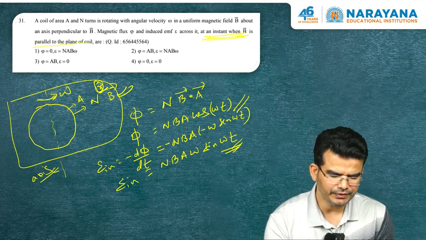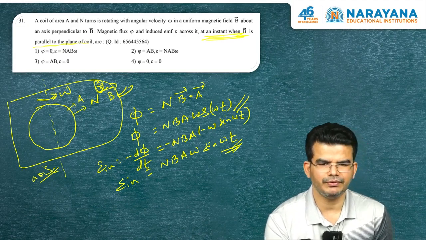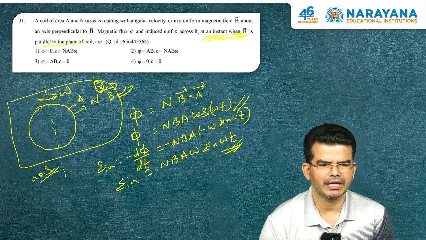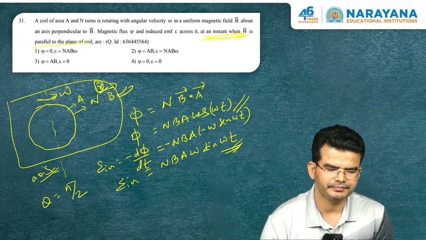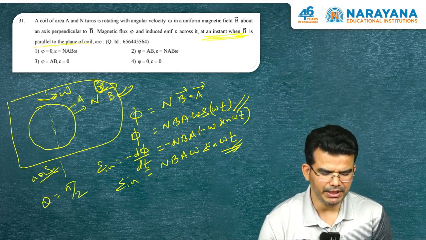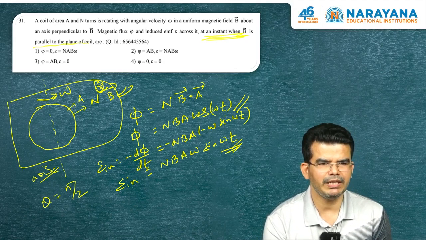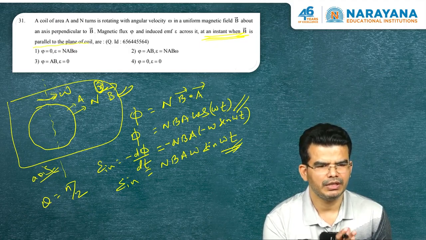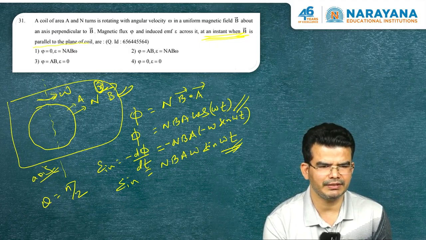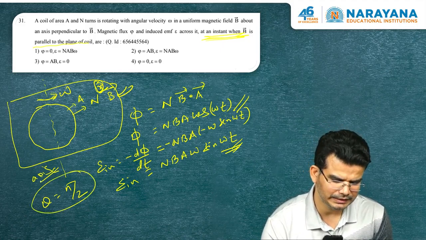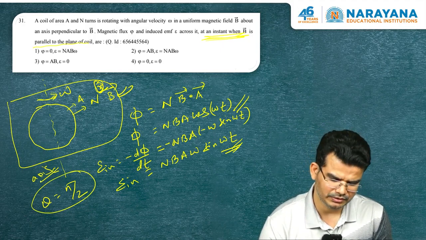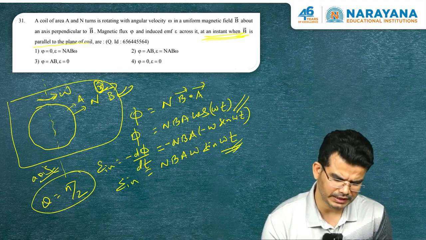No. So, if it rotates by an angle pi by 2, then B vector will be inward and the plane of this loop will be in the vertical direction to the paper. They are asking at theta equal to pi by 2. So, let us put theta equal to pi by 2.